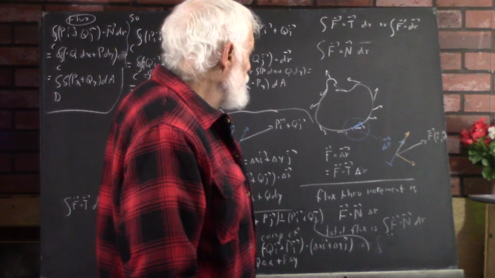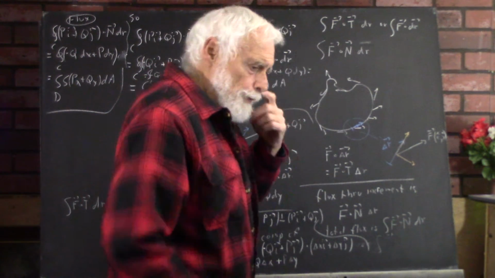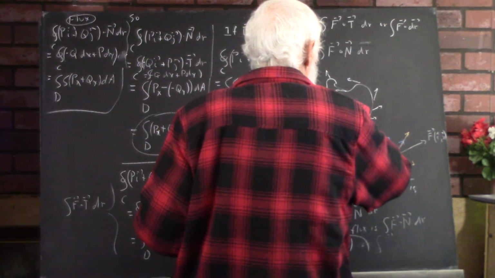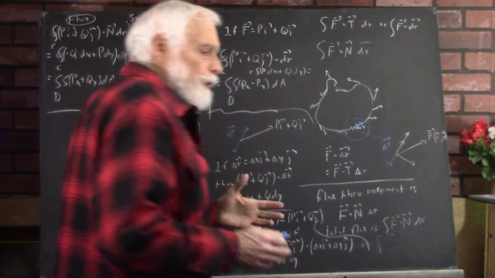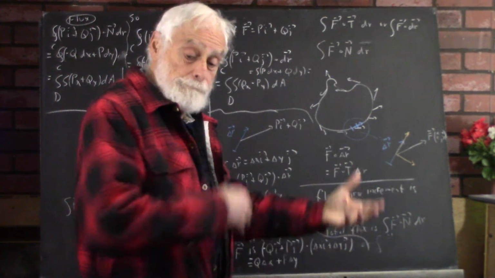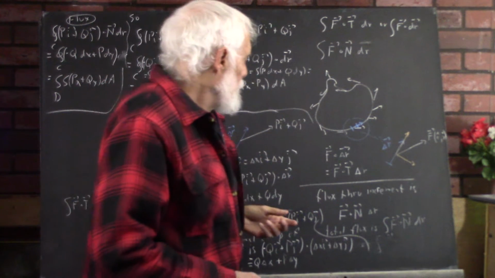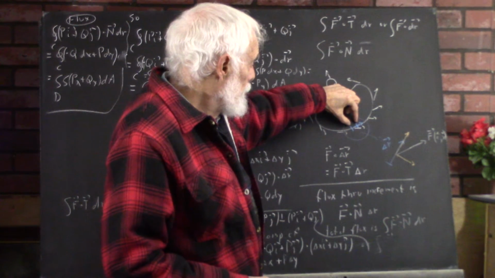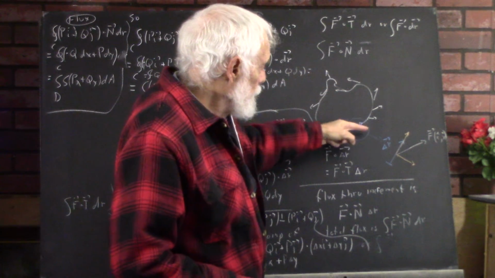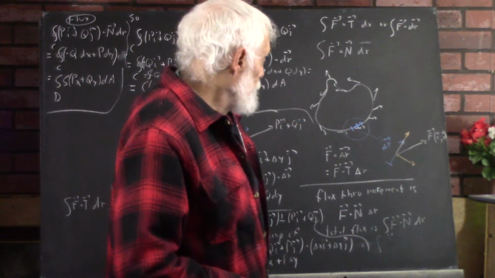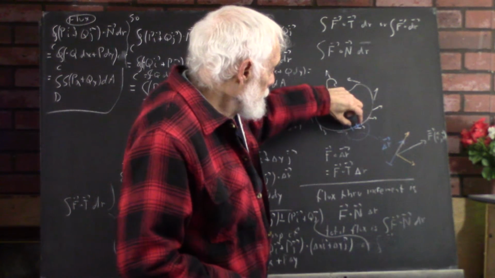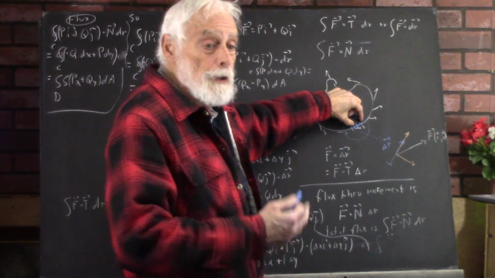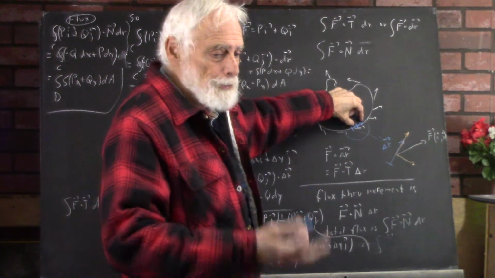On every increment, let's say between these 2 points, you've partitioned your parameter interval, and at a sample point in the curve you have this vector, then you simply take the component of this vector parallel to the curve, and that's the thing you're going to add to the sum that leads to the integral.